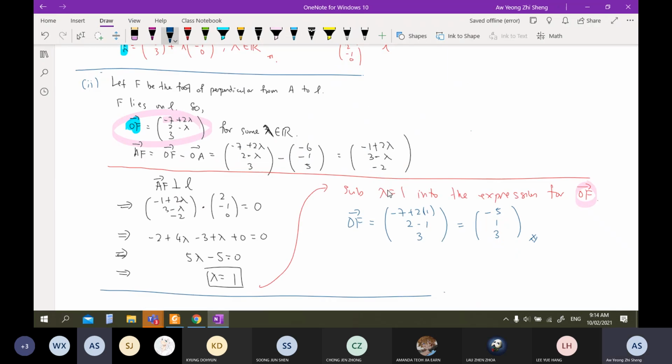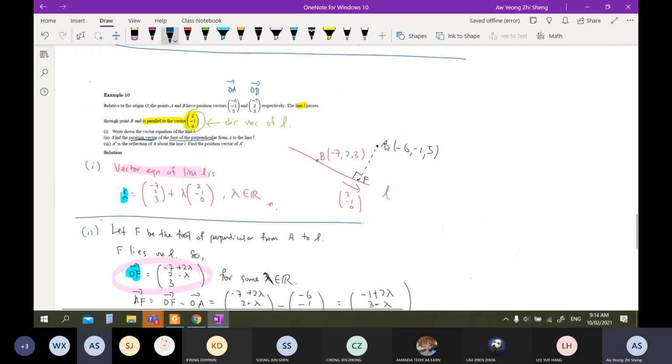So you can refer back to your same diagram. It's the same point A that you want to reflect, and it's good that the F has already been found. What we need is just to extend this dotted line to the other side to get A prime, where F is the midpoint of A and A prime.